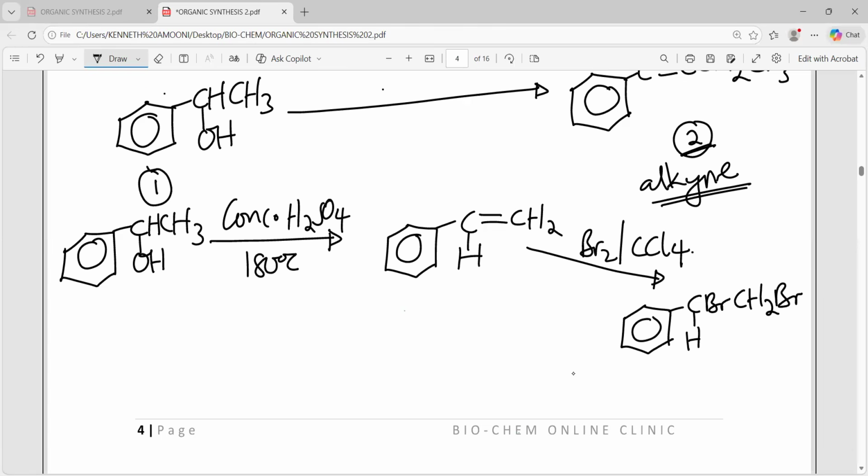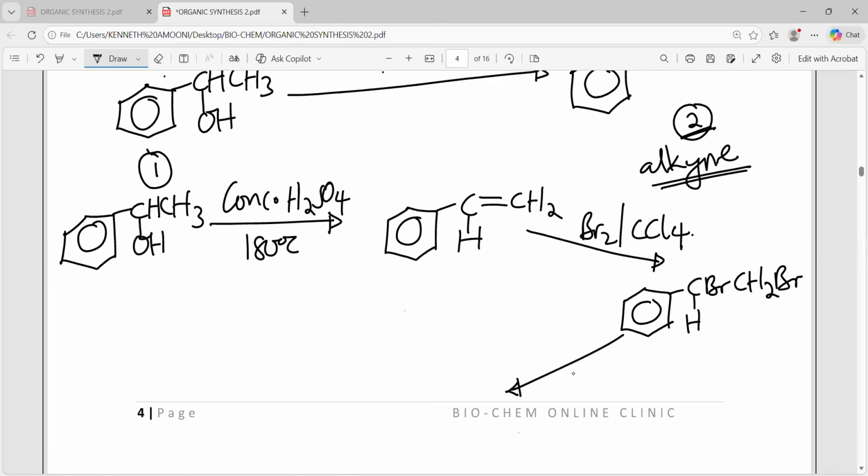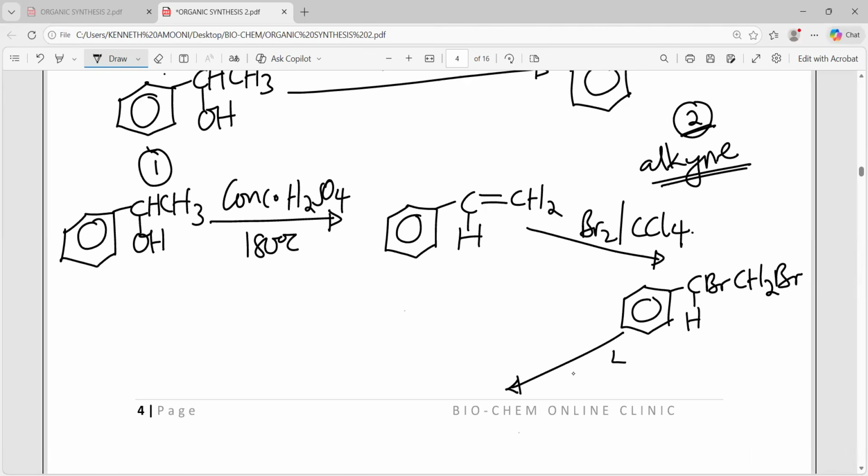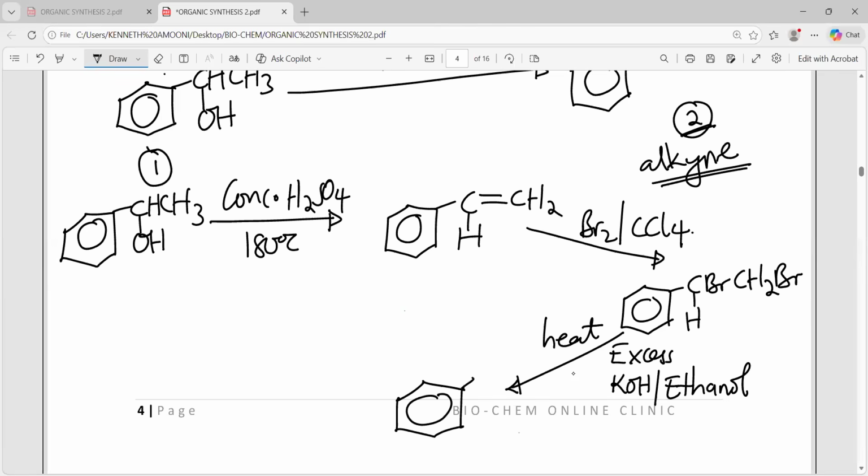Then you're going to dehalohydrogenate using excess potassium hydroxide in the presence of ethanol. Then we heat. And then you're going to form your alkyne of that formula.